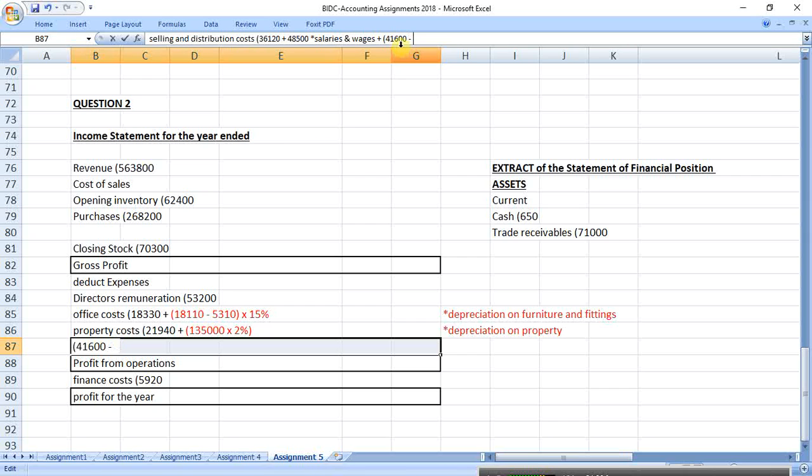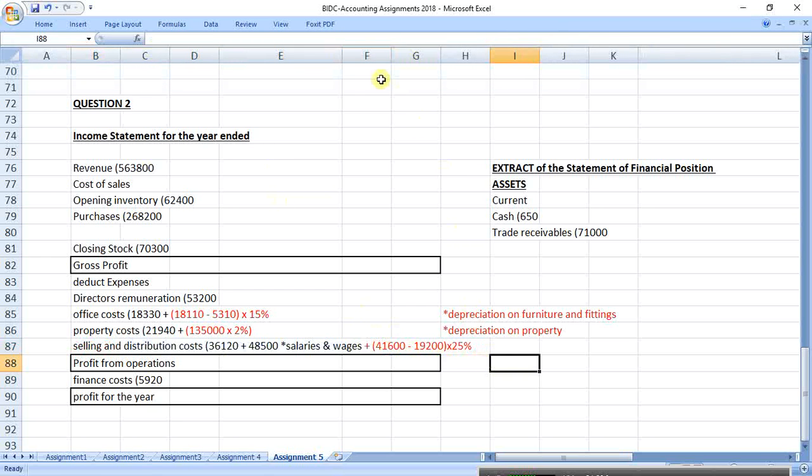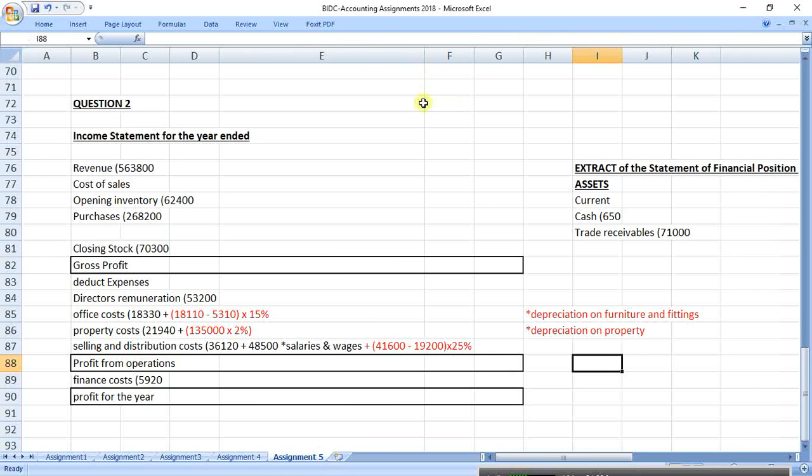Minus what's the depreciation? 19,200. Close brackets times what is the depreciation rate? I think it was 25. Was it 25? Okay, so just check that. Yeah. Okay. So it's 5,600. Right, so I'm going to highlight that as well.